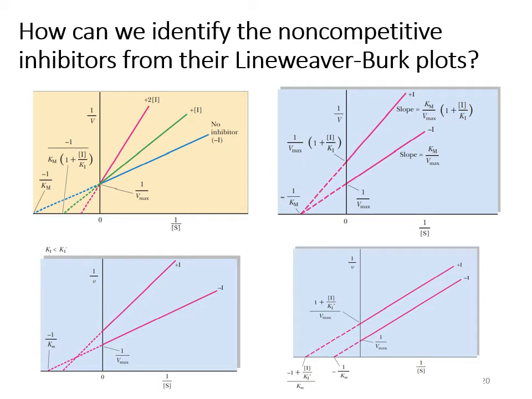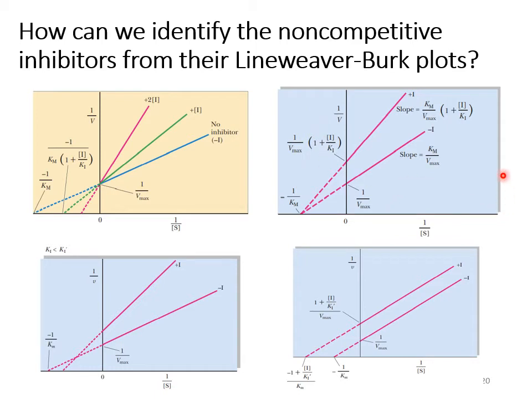Now, what I show you on this slide is we're looking at all four forms of inhibition, and we're looking to see how you can look at a graph, a Lineweaver-Burk plot, and tell right away which form of inhibition is occurring.